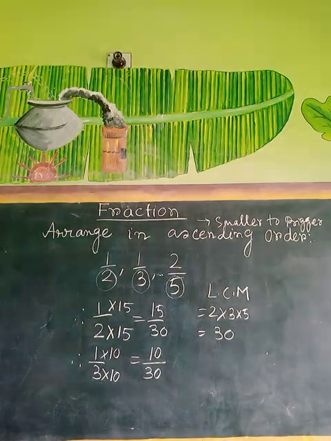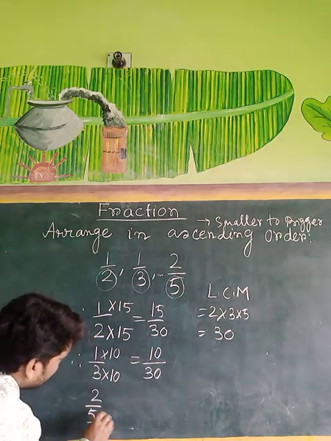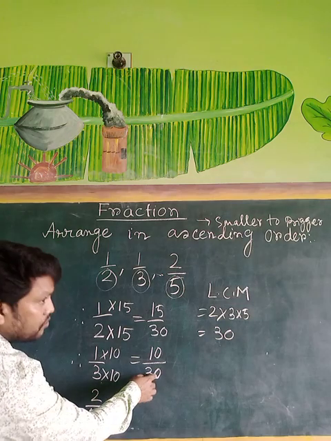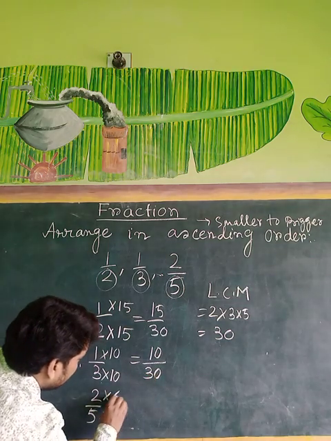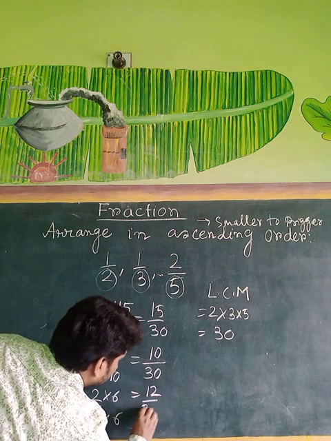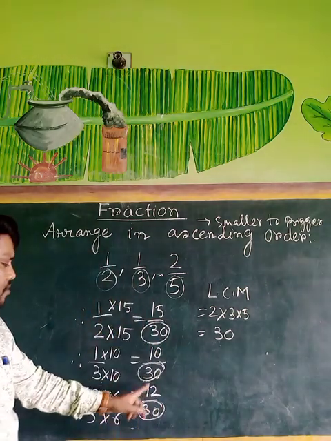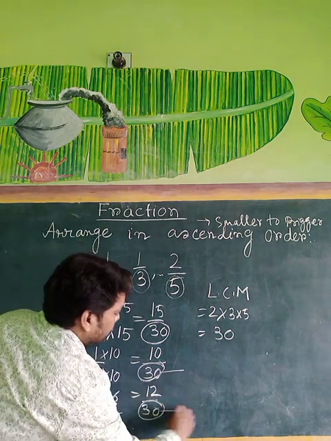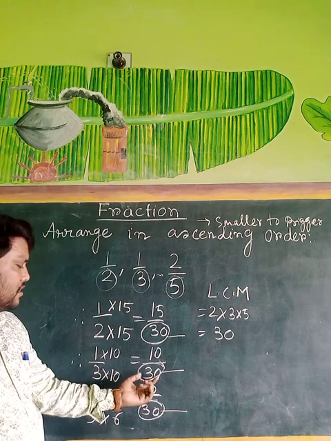Now the third, 2 by 5. Convert into 30, multiply by 6, and multiply the numerator by 6 also. So 12 by 30. Now observe very carefully: each of the fractions has 30 as its denominator. Okay. So compare all fractions out of 30.